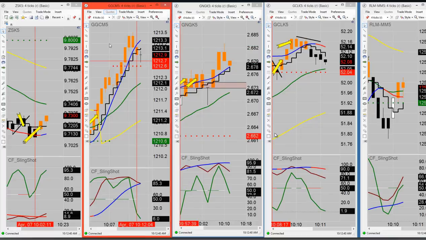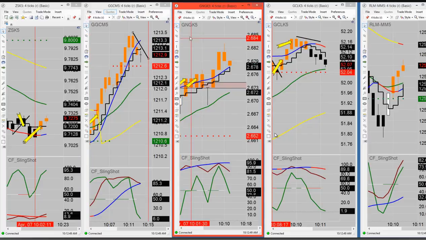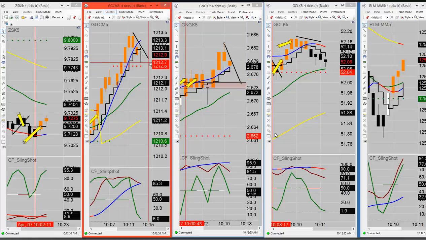All right, we're pulling back here on the gold. Okay. On the crude, on the natural gas, and the Russell is just difficult right now. 12.7 is the low on this. 13.1 will be the high.